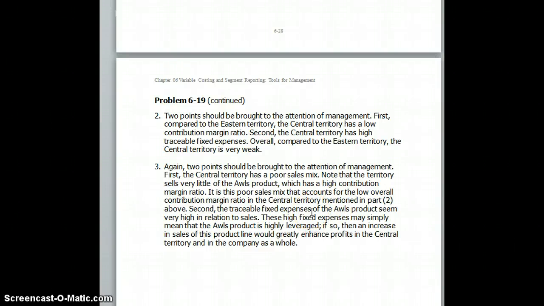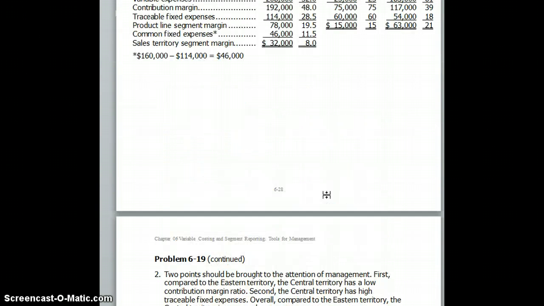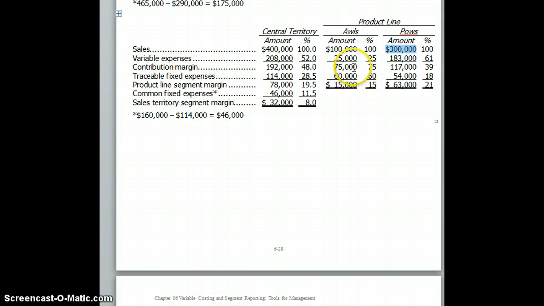Secondly, the traceable fixed cost of the Alls seemed to be pretty high compared to sales revenue, showing that this product is highly leveraged or has a high fixed cost to sales ratio. $60,000 of fixed cost compared to $100,000 of overall revenue.